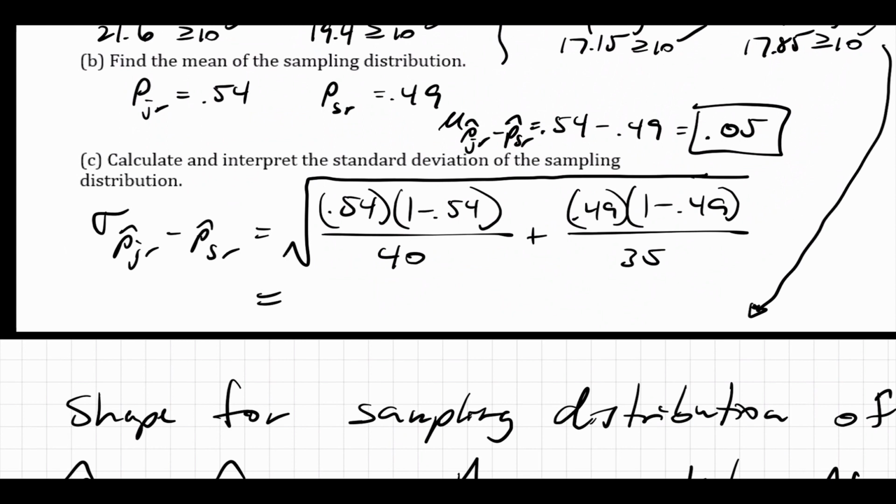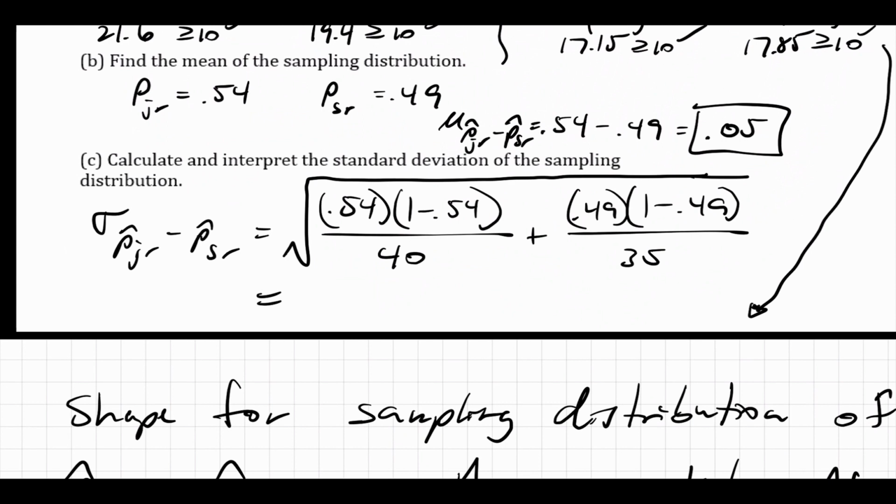0.54 times 1 minus 0.54 divided by 40. 0.49 times 1 minus 0.49 divided by 35. Add that guy, 0.00621.